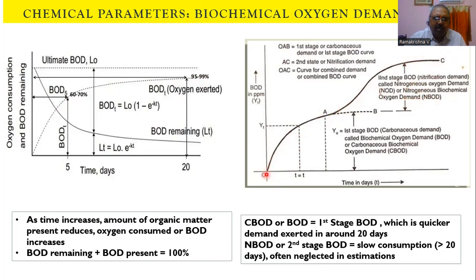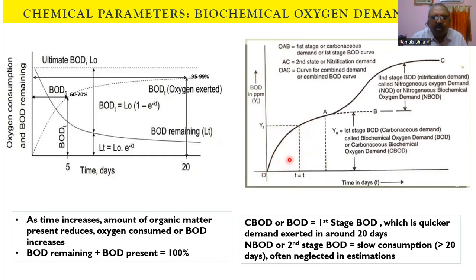But usually, when we talk about BOD, we only talk about the first stage BOD, which is carbonaceous BOD, and we mainly concentrate on 5-day BOD. We can extrapolate it to calculate BOD at any given time, provided we know the deoxygenation constant at a given temperature.